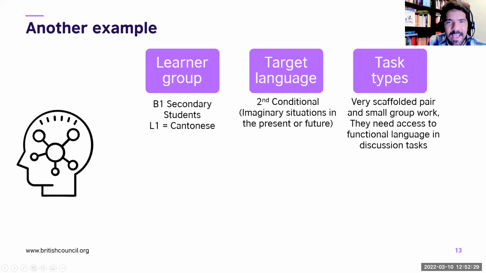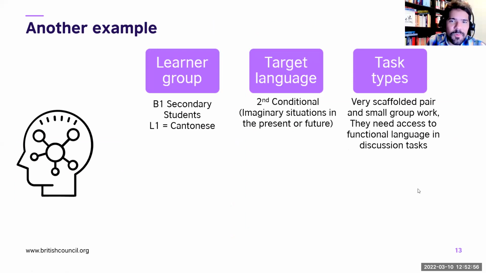I had another example. I want to leave some time for questions, so I'm only going to tell you very briefly. This is just me going through the process again. This time I have teenagers at the B1 proficiency level. Their L1 is Cantonese, again, because I'm in Hong Kong. Hi, Hong Kong people, and hi from Hong Kong.